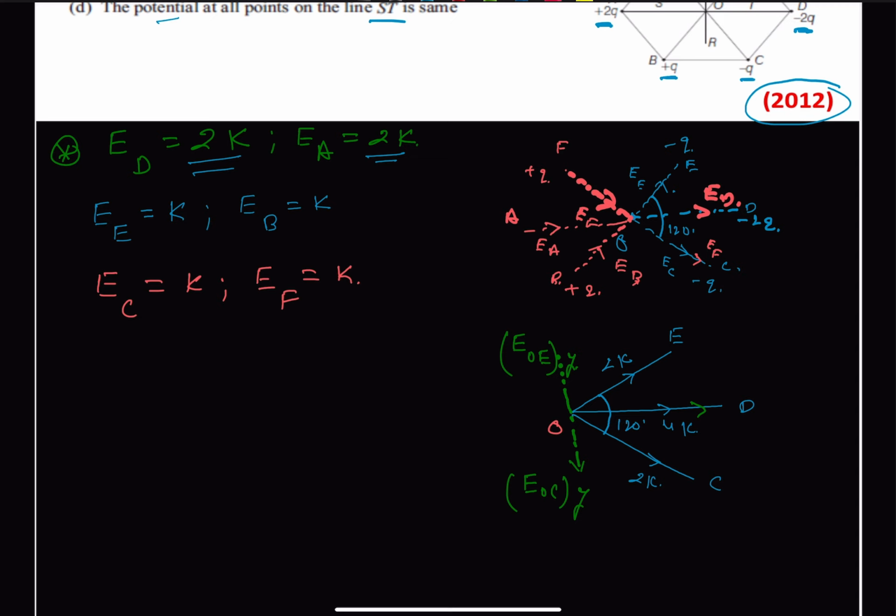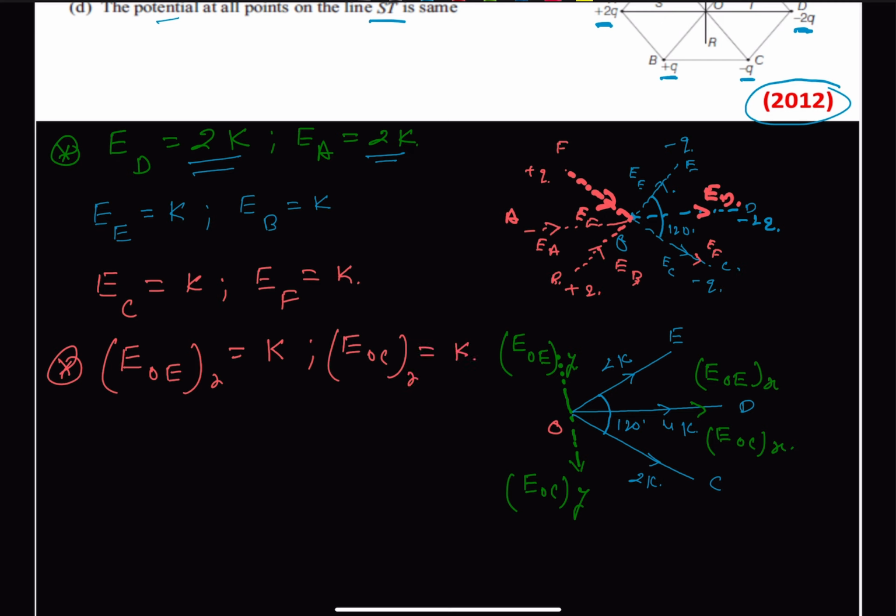Here we are going to get the electric field of OE, its X component, and from the other side the electric field because of OC and its X component. The X component of OE will be, from 2K and 2K, we are going to get K, and similarly the electric field because of OC in the X direction will also be equal to K.